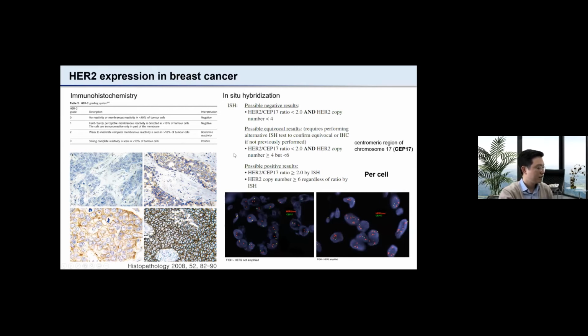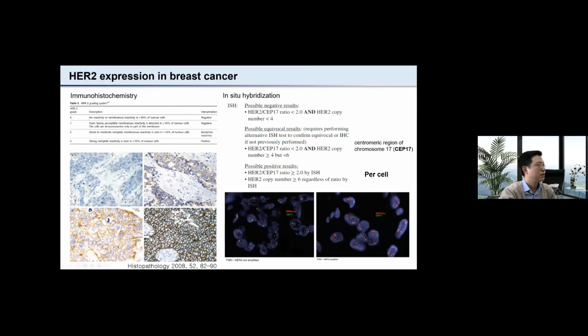HER2 positivity is determined by immunohistochemistry or in situ hybridization in conventional assessment. Immunohistochemistry is the most intuitive way to determine the biomarker expression. You can see brown reactivity as HER2 expression.